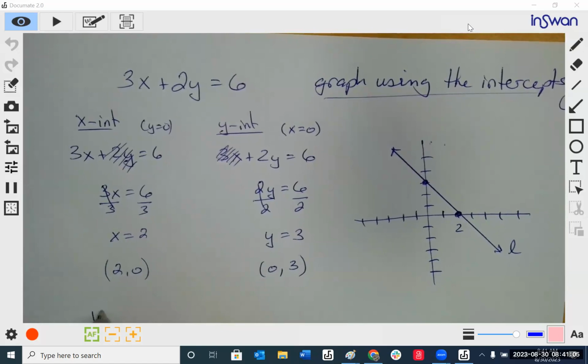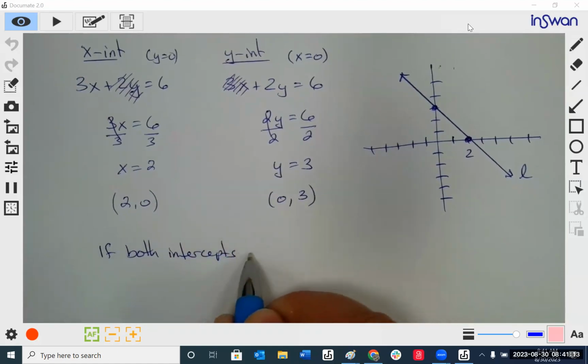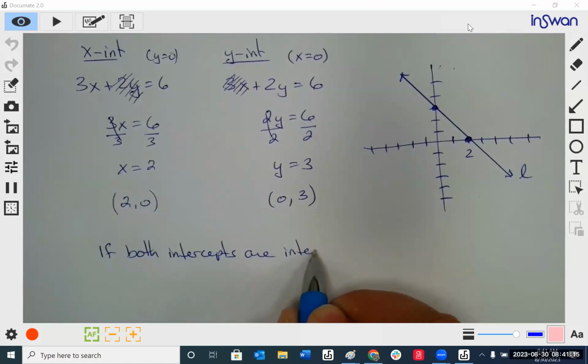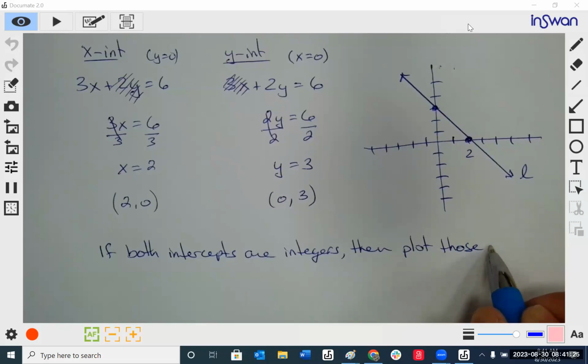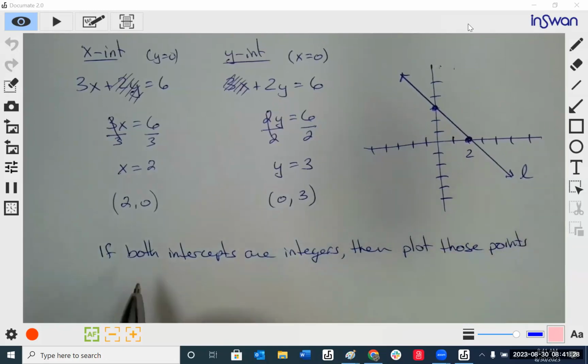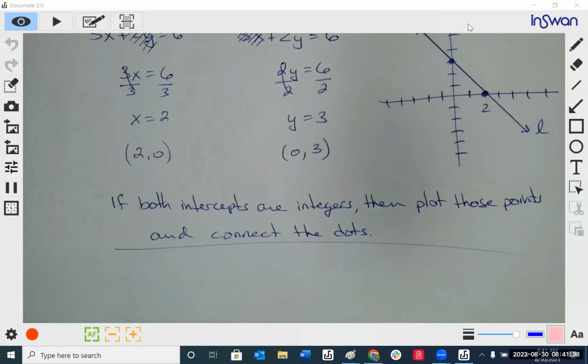So here, if both intercepts are integers, that means whole numbers, then plot those points and connect the dots. So the intercept method works if and only if this works.